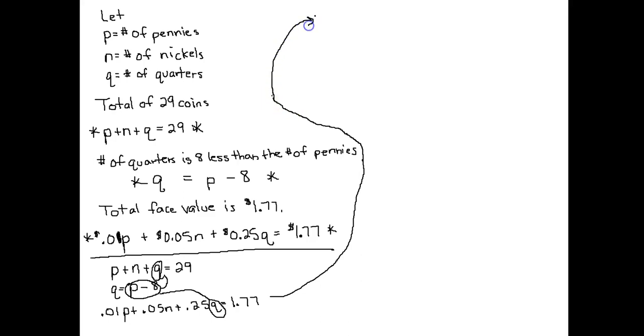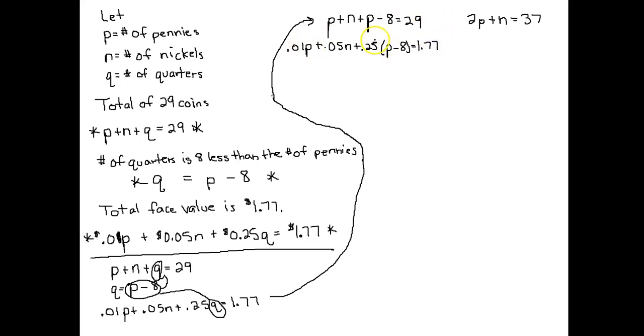Totally up to you. All right, so we're going to have P plus N plus P minus 8 equals 29, which is going to be 2P plus N equals 37. And then we got 0.01P plus 0.05N plus 0.25 times P minus 8 equals 1.77.